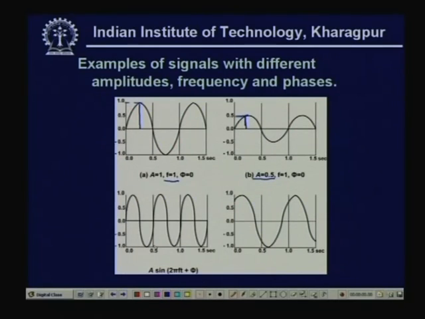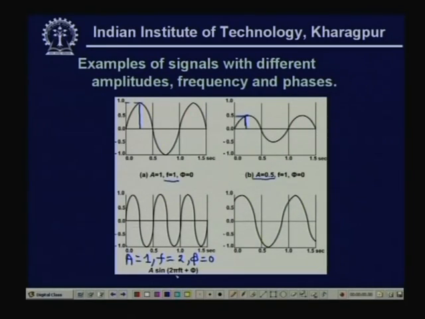Here on the other hand, the signal, as you can see, within 1 second has 2 complete cycles. So, frequency f is equal to 2, although amplitude A is equal to 1 and phase phi in this case is 0.